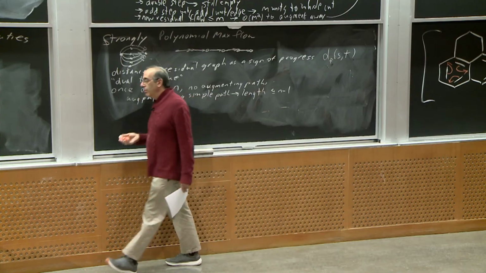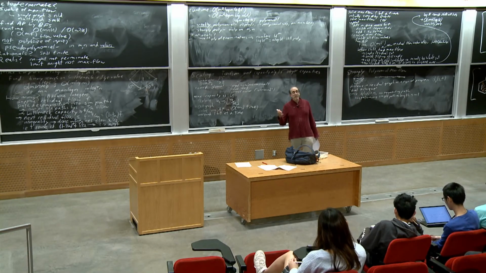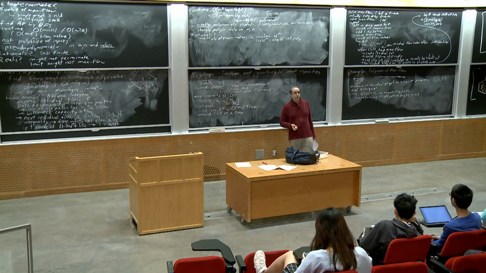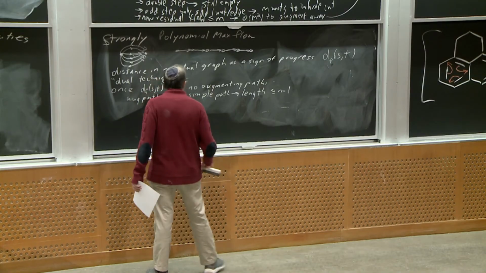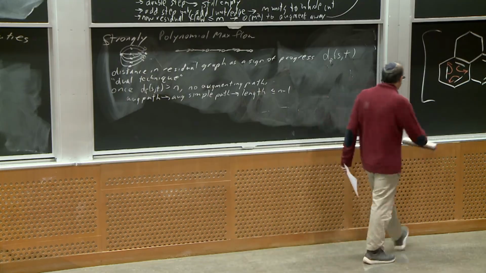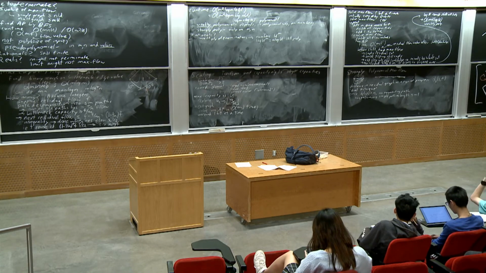Instead of trying to increase the flow from S to T, we're going to try to increase the distance between S and T. Make sense as a goal? So, any thoughts on how we can increase the distance from S to T? Again, we're not leaving the augmenting path world. We're still going to work by computing augmenting paths.